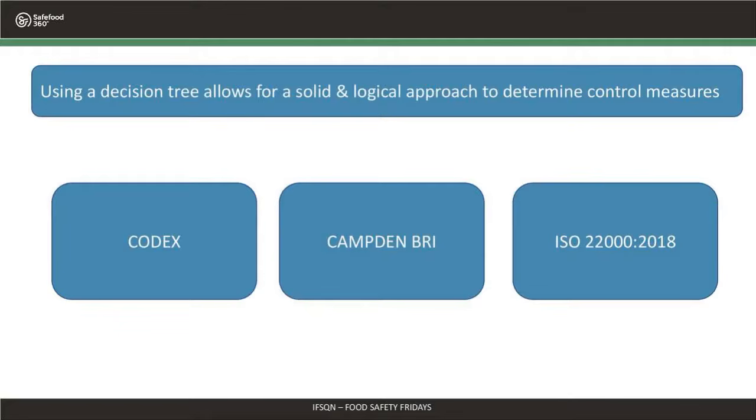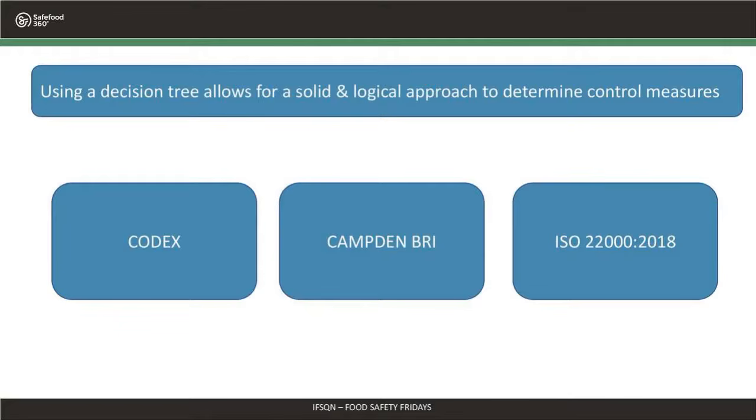And so the decision tree is no longer the only option you have when defining a CCP. You can use an alternate approach to identify a CCP. What Codex does do is detail a number of points to consider when you're trying to identify a CCP.